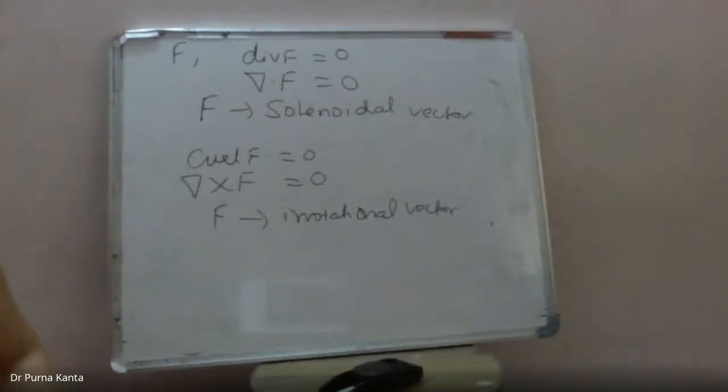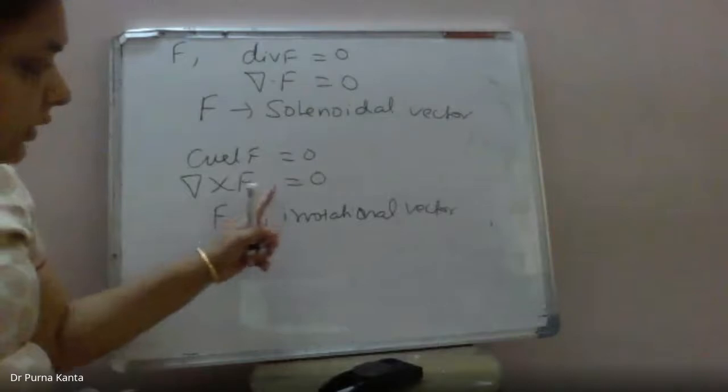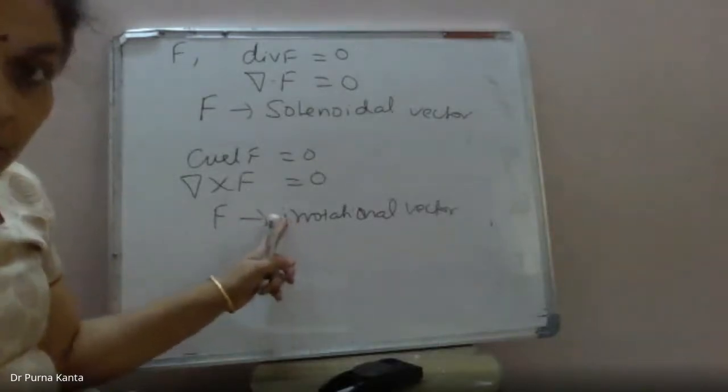Write down those 2 points. Irrotational. Curl f is equal to 0, f is called irrotational, not rotating.